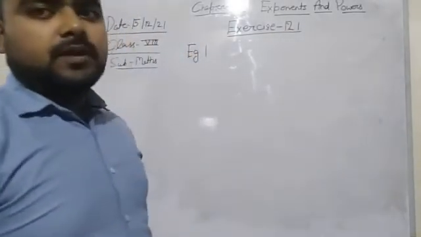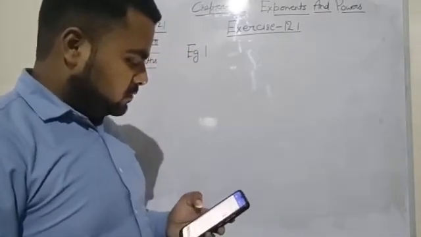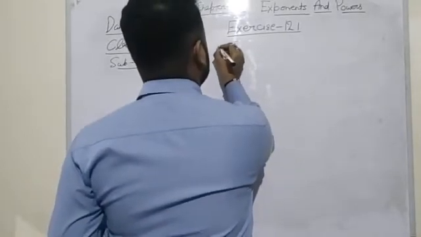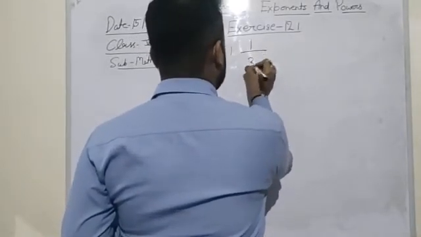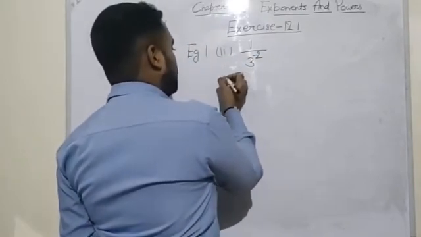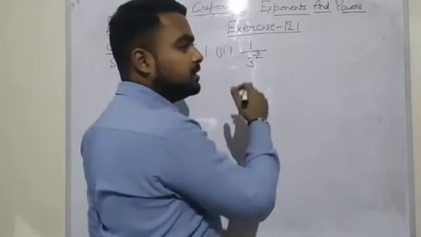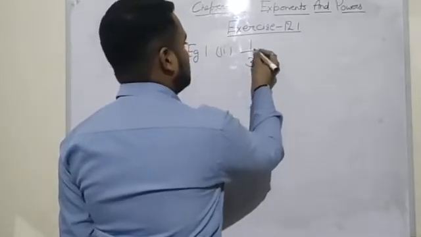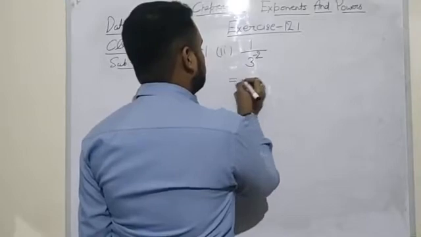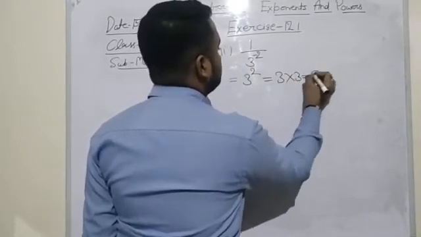In example first we have to find the value. I am going to solve its second part only, that is 1 upon 3 to the power minus 2. As I said earlier, if the power is negative, then we have to write its reciprocal. So the reciprocal of this is 3 to the power 2. It means 3 into 3, that is 9.